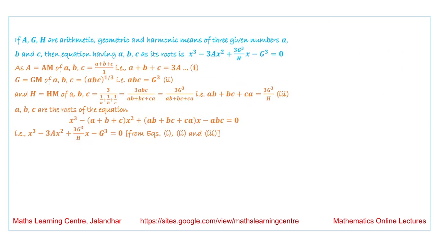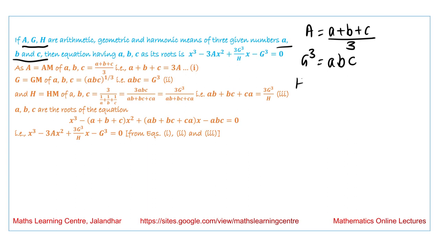Now next, if A, G and H are the arithmetic, geometric and harmonic means between a, b and c, three numbers given, then A is equal to (a plus b plus c) by 3, G cube is equal to abc, and H is equal to 3 by (1 by a plus 1 by b plus 1 by c).